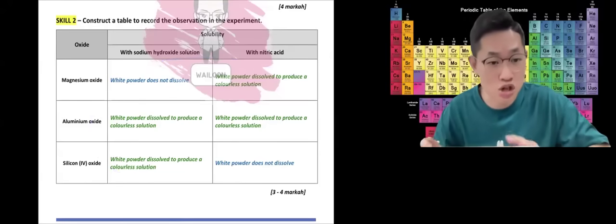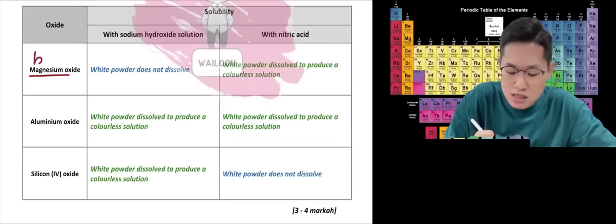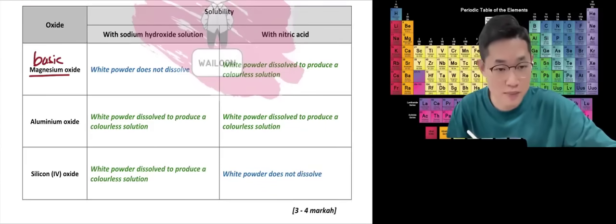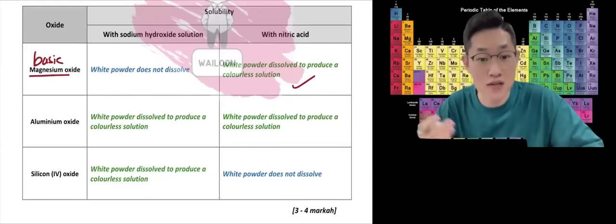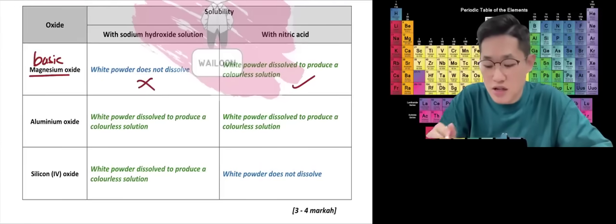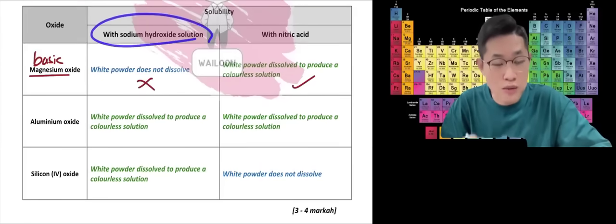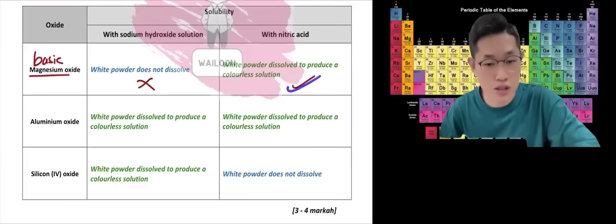Whether it can be dissolved or not. So let me tell you the theory here. Magnesium oxide, because it is basic, means alkaline. So this is why it should react with acid. It should dissolve in acid. But it is not going to dissolve in the alkali solution. No. Alkali and alkali, no reaction. But alkali and acid, yes, there will be a reaction.